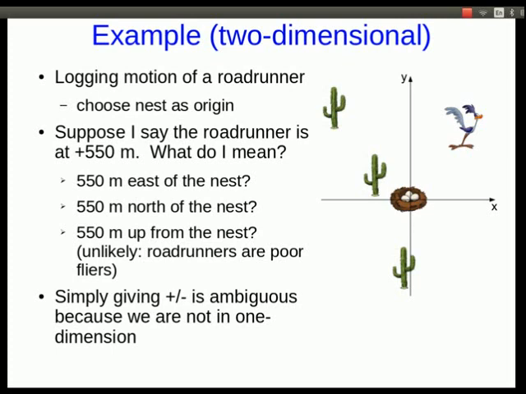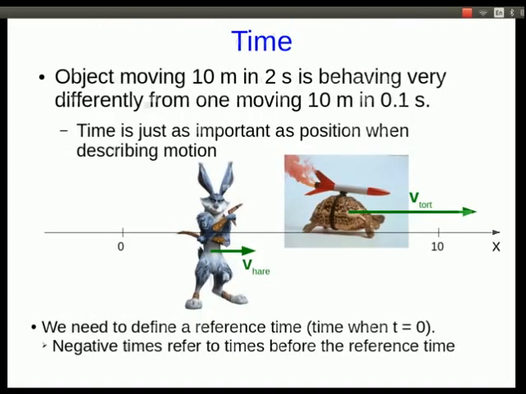And let's say I say that the roadrunner is at plus 550 meters. Well, that's ambiguous. What do I mean? That could be 550 meters east of the nest, maybe, or north of the nest, or even up. So plus and minus is ambiguous here. And in general, in 2 dimensions, you never want to specify directions that way. We'll get there. You need vectors, and we haven't done that yet.